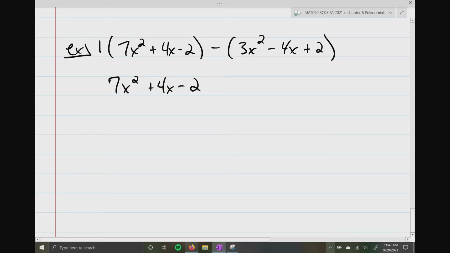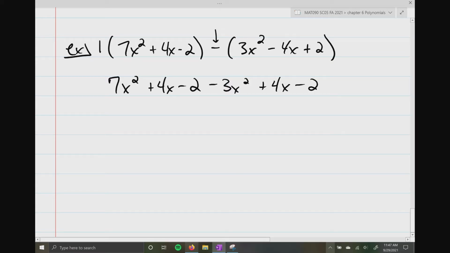It's the second trinomial I need to be concerned with, and the reason for that is there's a negative sign out front. So I need to distribute the negative sign. So I'm going to write minus 3x squared plus 4x minus 2. Does that make sense, everyone? If you make a mistake, that's where it is.